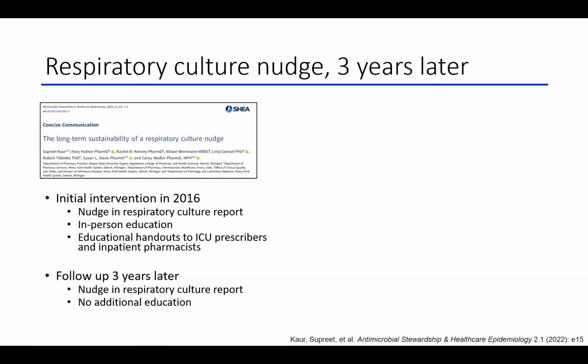So they actually looked back 3 years after the initial intervention, and the nudge was still in the respiratory culture report. Initially, they did in-person training and they had educational handouts for the ICU prescribers and inpatient pharmacists. 3 years later, they didn't do any additional education, just continued with the nudge.